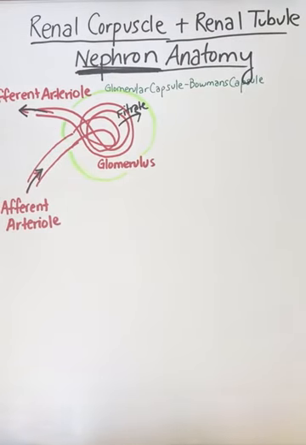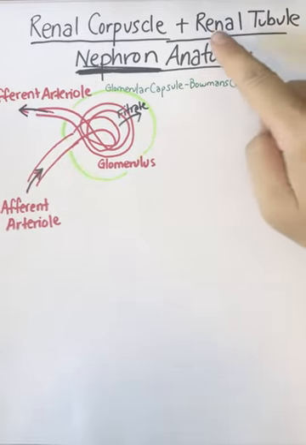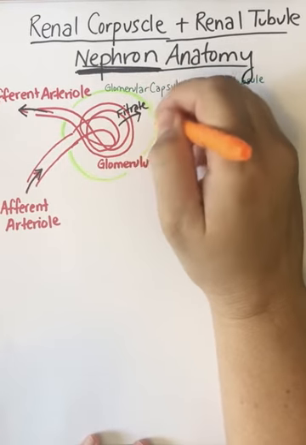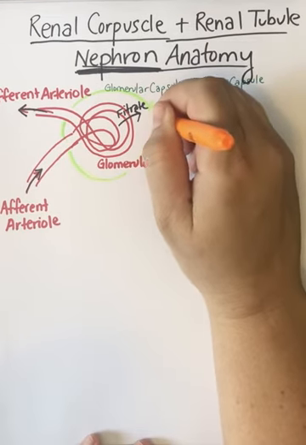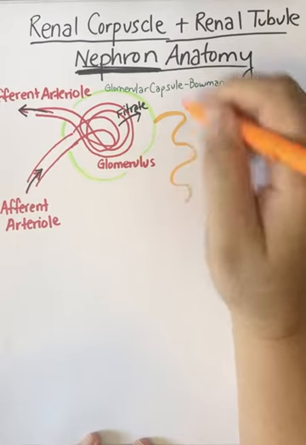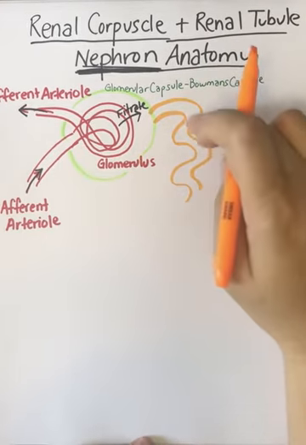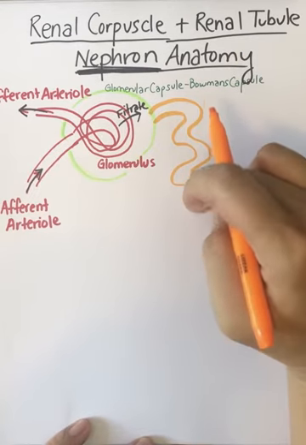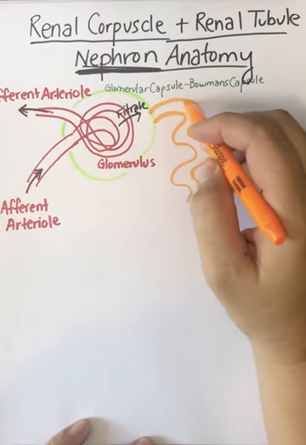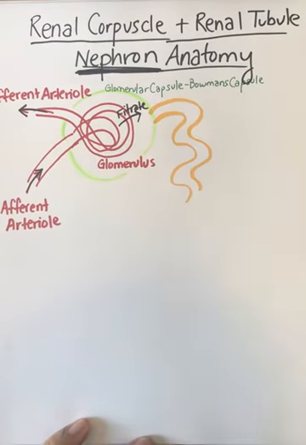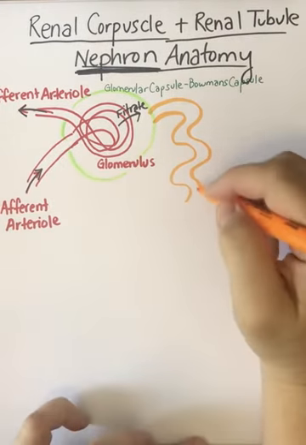Your filtrate has to have somewhere to go. So it's going to go into the renal tubule. So the first tubule that is attached to the renal corpuscle where the filtrate goes is called proximal convoluted tubule, or just proximal tubule. Convoluted means that it's coiled. So your filtrate has to go into the renal tubule, and the one that's closest to the glomerulus is called your proximal convoluted tubule.